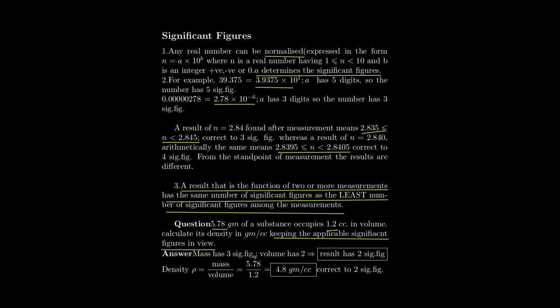Therefore, the result has 2 sig fig. Density rho equal to mass by volume equal to 5.78 by 1.2 equal to 4.8 gram per cc, correct to 2 significant figures.